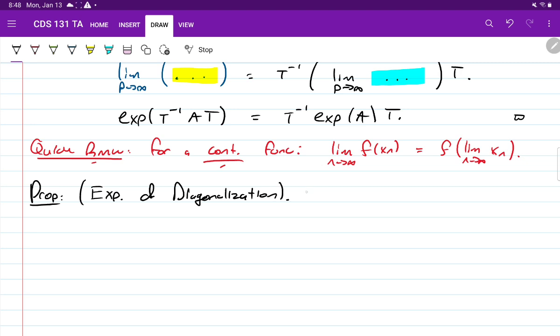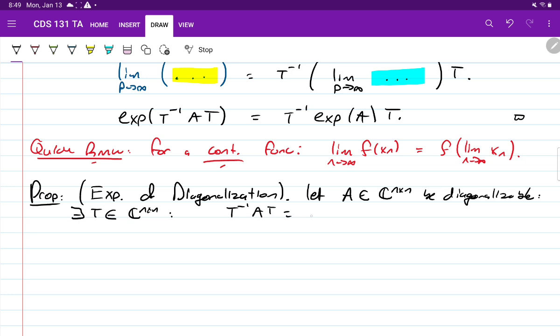Okay, and what this says is let A in C^(n by n) be diagonalizable. Remember this means there exists a T in C^(n by n) for which T inverse AT equals diag(lambda 1 through lambda n).